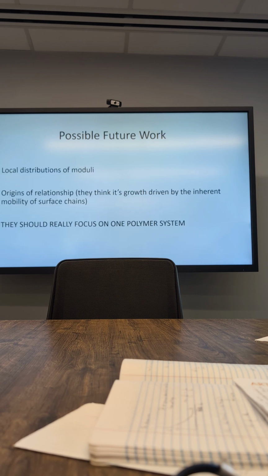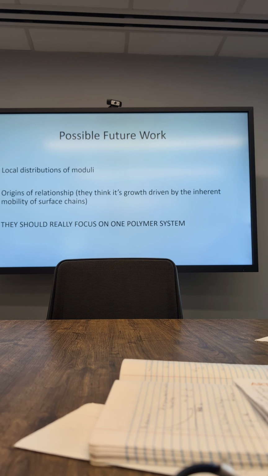Yeah, there's lots of possible future work. In this paper they wanted to check out local distributions of moduli. I don't know how they would even do this, but I guess they would probably do nano DMA or something like that. They'd probably see how this changes along the surface, if there are any variations.